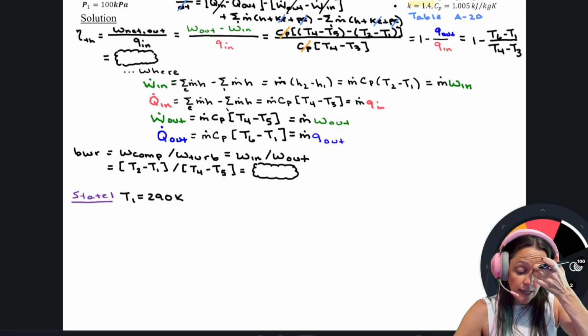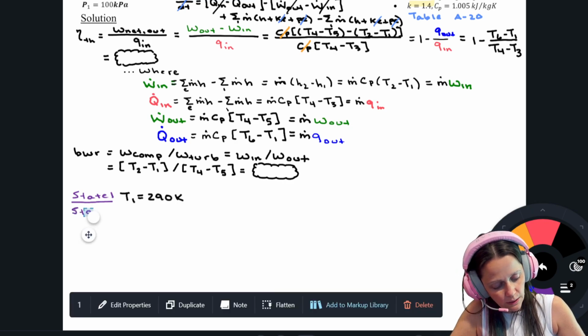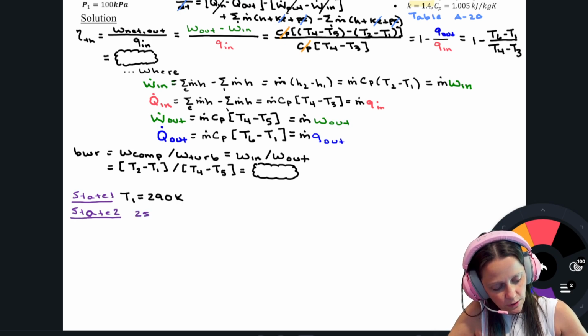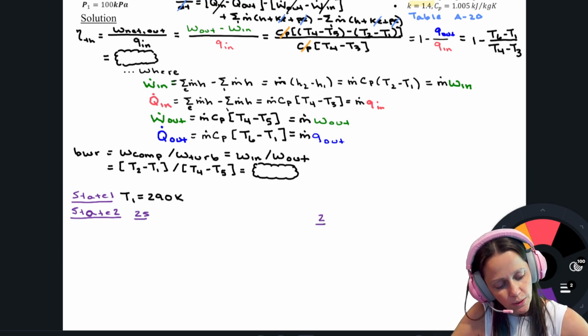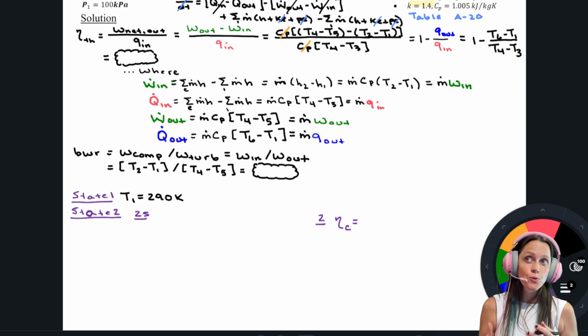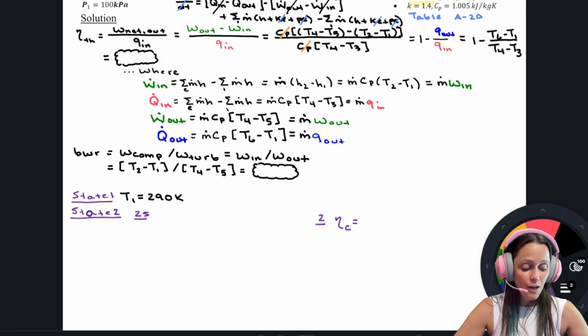And then the next thing that I need is state 2. So I am going to put a little spot for 2s, and then I'll get 2, because state 2 is going to be calculated using the isentropic efficiency for my compressor.